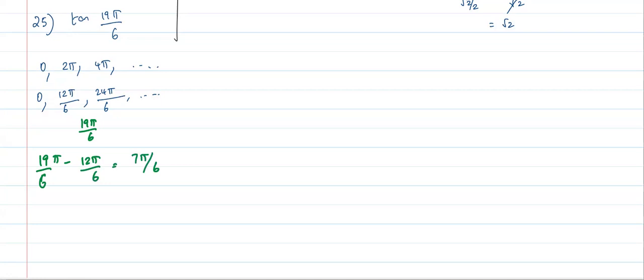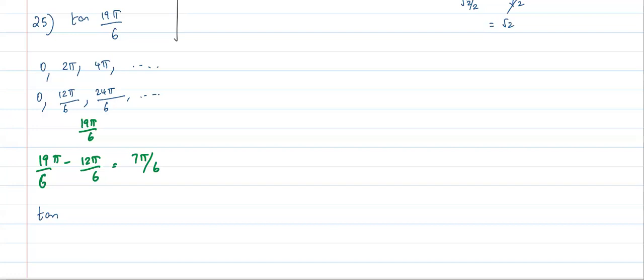So what is this telling me? For tangent, I can even have pi as the period. So let me show you that. For sine, cosine, cosecant, and secant, keep 2 pi as the period, whereas for tangent, the period is pi.